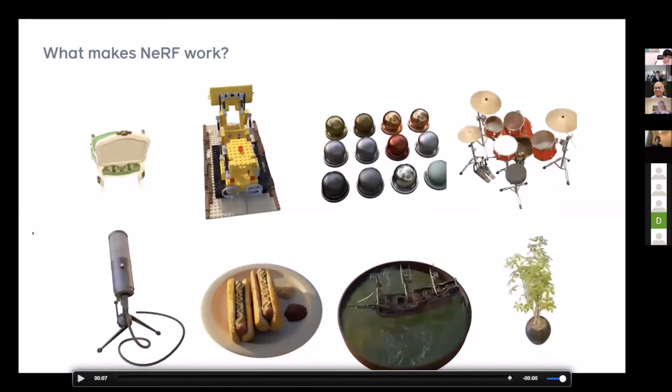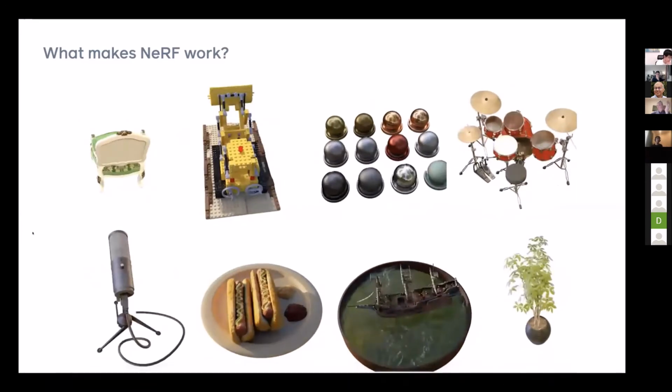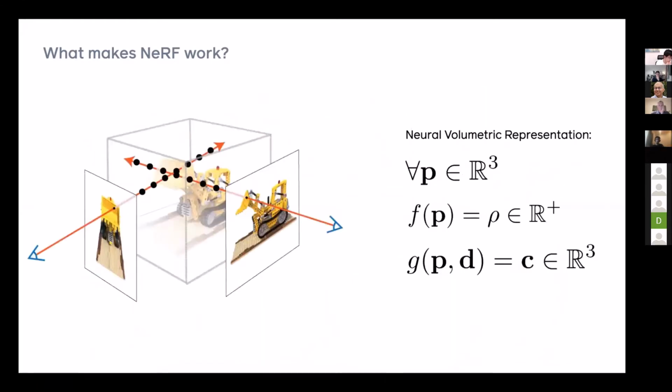And so, what is it that makes these neural rendering field approaches work really well? Anju gave us a very nice review of the math, so I'll probably skip that. But the high level idea is that NeRF gives us a very powerful model of geometry and appearance. In fact, it allows us to model arbitrary geometry and appearance.